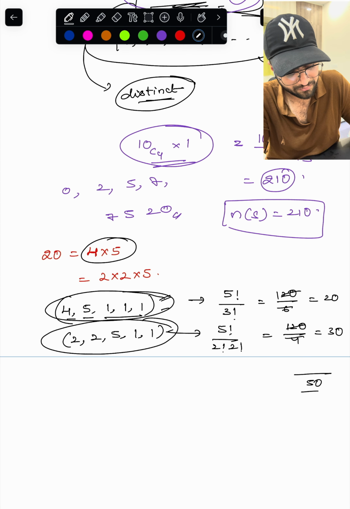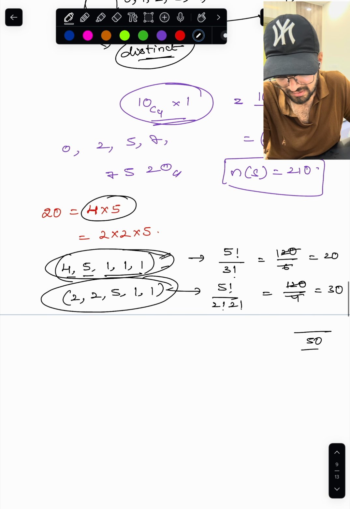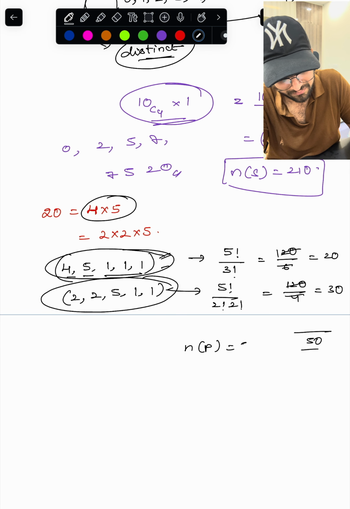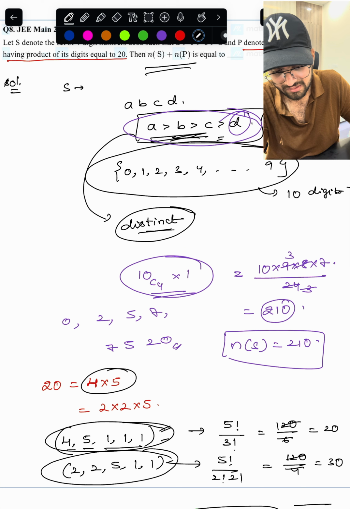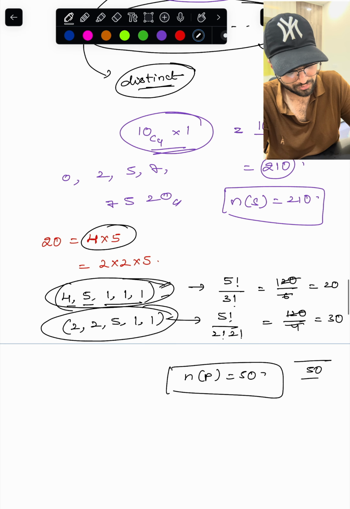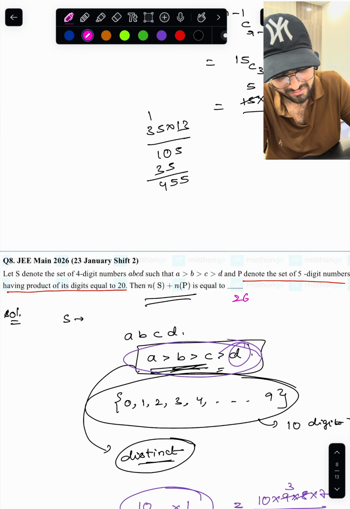So the total is 50. So n of P is 50. So what are they asking for? n of S plus n of P. 210 plus 50. How much? 260. So it is also a simple question.